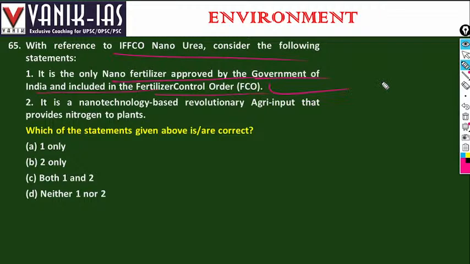So FCO, this option is right. It is a nanotechnology based revolutionary agri input that provides nitrogen to the plants. Yes, it provides nitrogen, urea, nano fertilizers. So both the statements are correct regarding nano urea. It provides nitrogen and also it is the only nano fertilizer approved by the government of India.